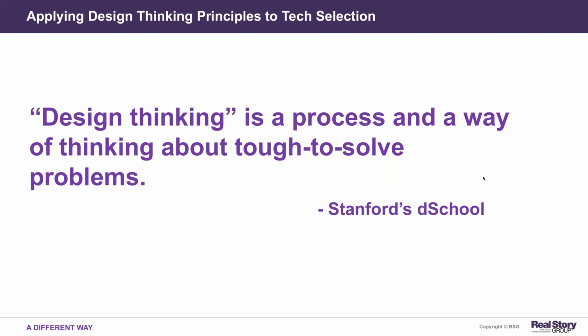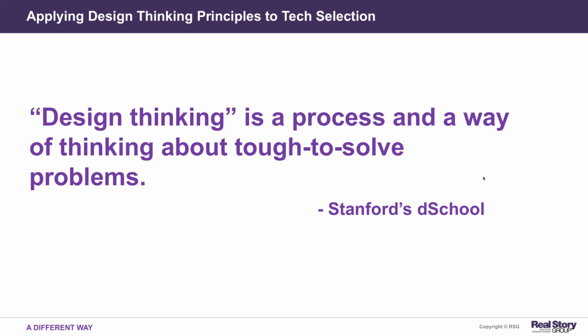We can't just be thinking about stacks for stack's sake. We have to be thinking about the users. And so the best way we've been able to do this, or the way we've seen it work best in enterprise situations, is to take a design thinking approach to solve technology selection. I'm sure many of you have heard of design thinking.